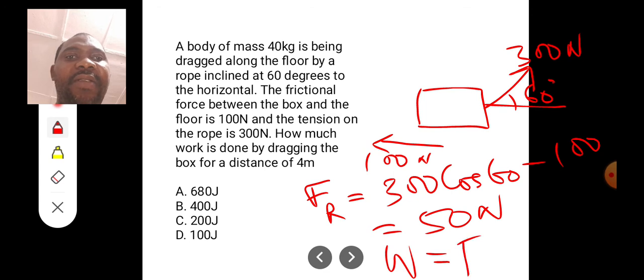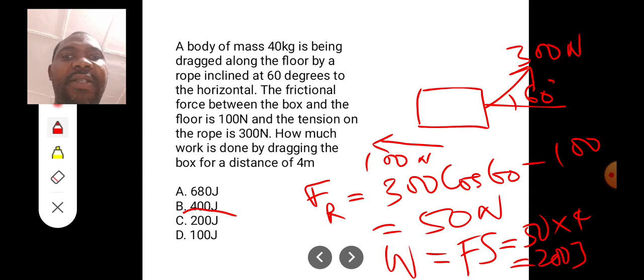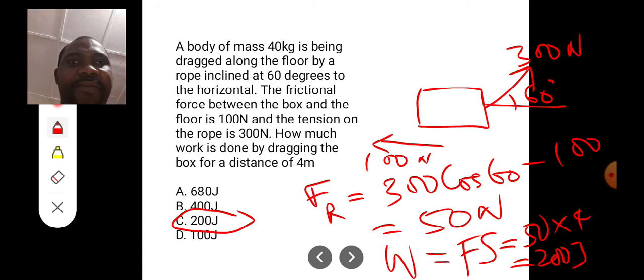So the resultant force times the distance, which is going to be, the resultant force is 50, the distance is 4, so that's going to give us 200 joules. So that is how you answer a question like this. Okay, this is very, very important.